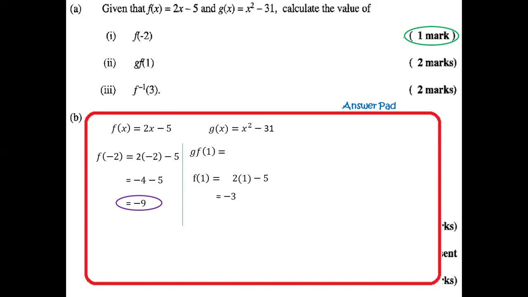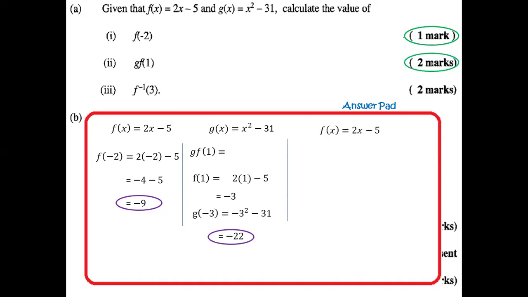So f of 1 is minus 3. And what we're going to do now is to put minus 3 into that g function there. Now, when we square minus 3, we get a positive value, positive 9. And when you take 31 from 9, we end up with minus 22. Another 2 marks. Nothing hard. Repeat concept.